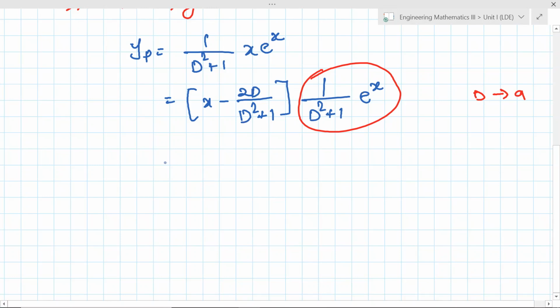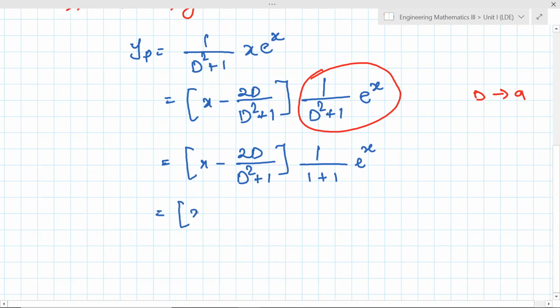And therefore here this is x minus 2D divided by D square plus 1, into 1 upon 1 plus 1 into e raised to x. So what I get here is x minus 2D divided by D square plus 1, into 1 by 2 e raised to x, like this.